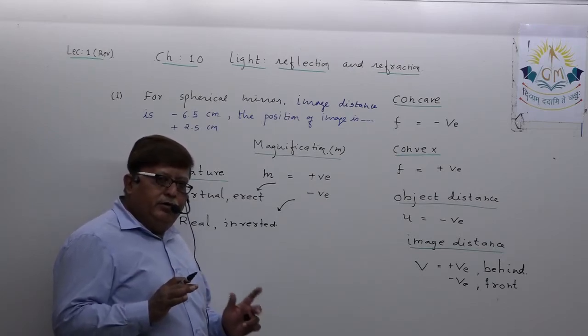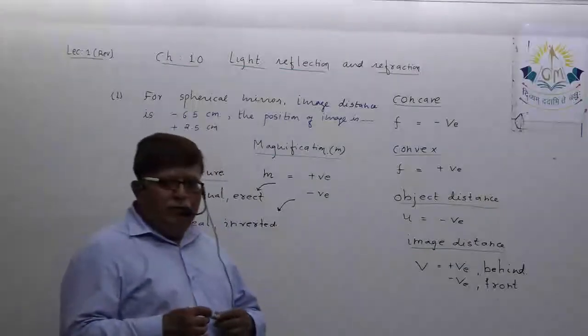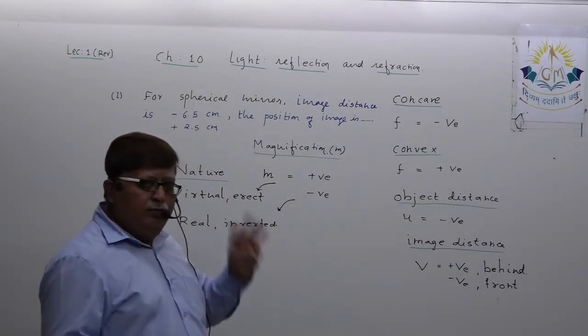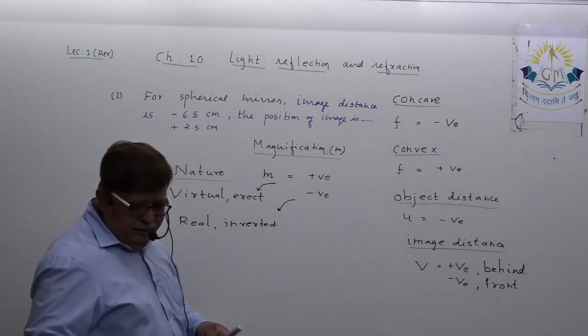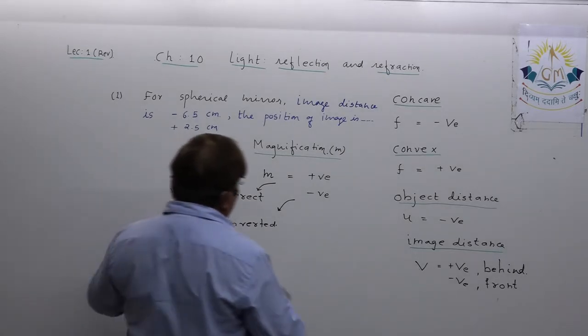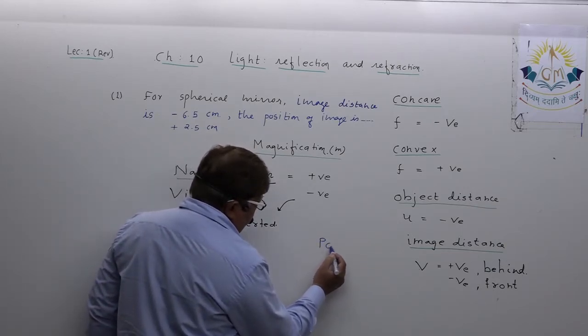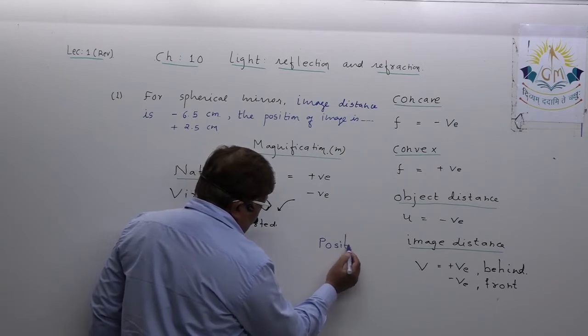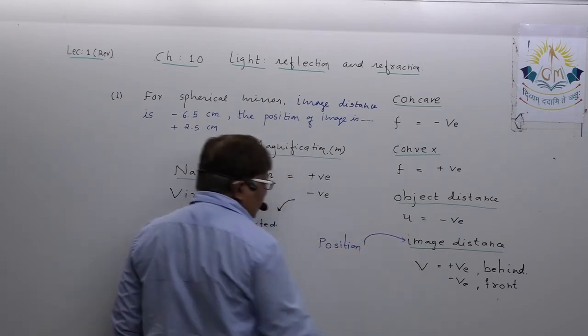Okay, these concepts, dear student, I have spoken three words. Which were those three words I just mentioned? I mentioned one word, position of image, that you can ascertain from image distance.